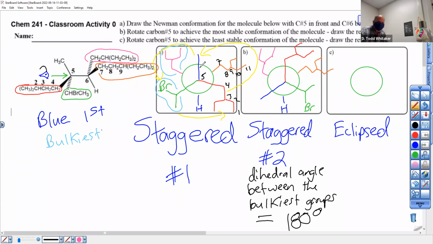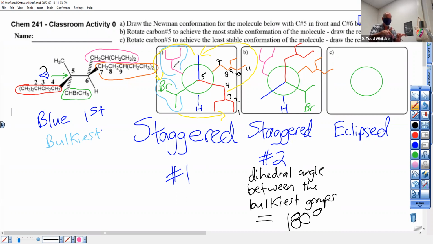There you go. Now, to get to the least stable, I need the bulkiest groups right on top of each other. So I'm supposed to rotate the front carbon negative 60 or positive 60, doesn't matter, whatever it is to get it in front of this. Once again, start by copying the back carbon, no rotation.